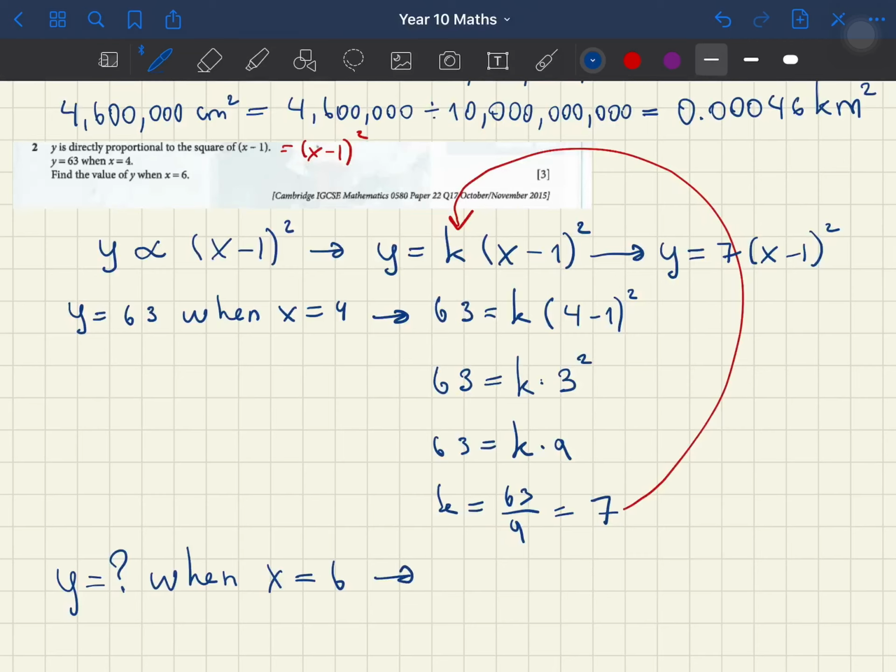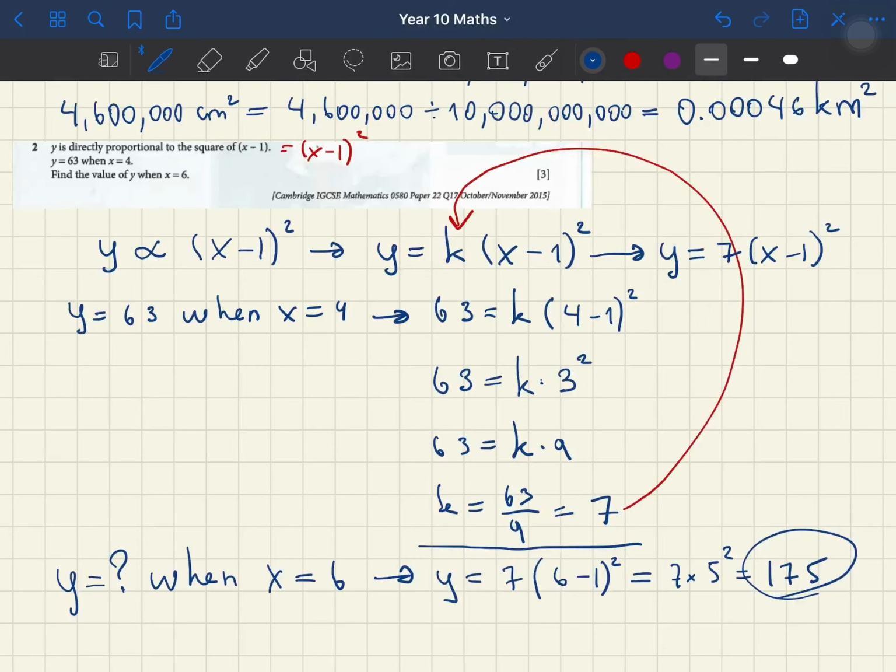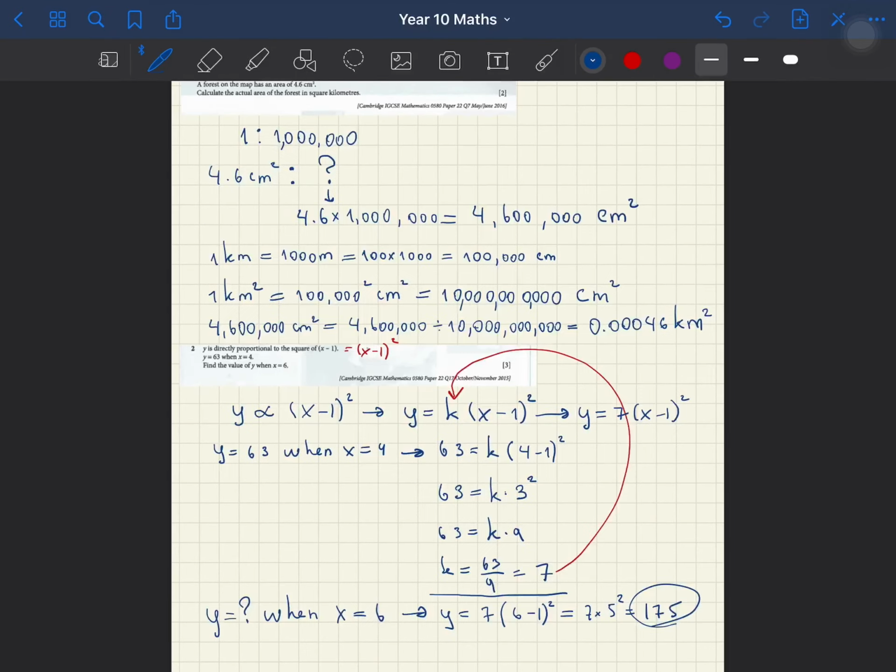We can just say y equals 7 times 6 minus 1 squared, which would give us 7 times 5 squared, which is 7 times 25, which is equal to 175. So y is equal to 175. This is the answer to this question.